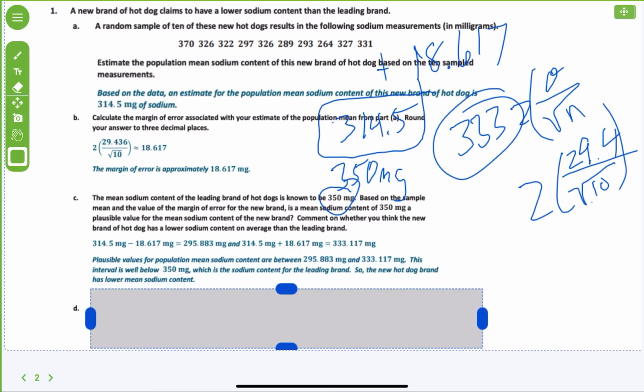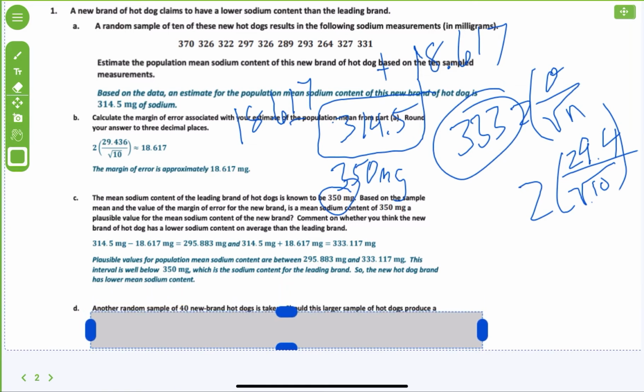Plausible values for the population mean sodium content are between 295, which would be the lower value if I subtract 18.617, and 333. So this interval is well below 350 milligrams, which is the sodium content of the leading brand. So the new hot dog brand has lower mean sodium content.